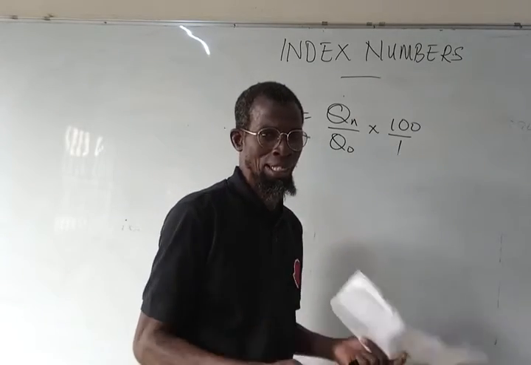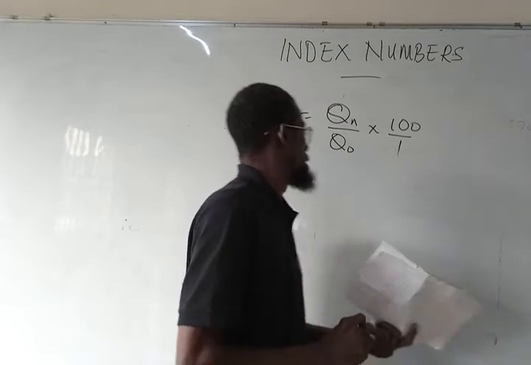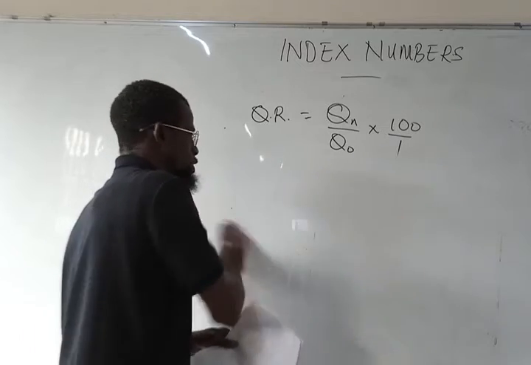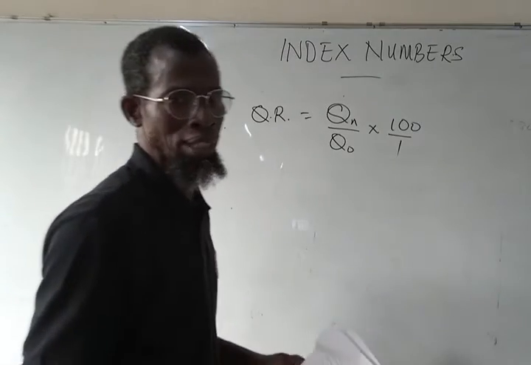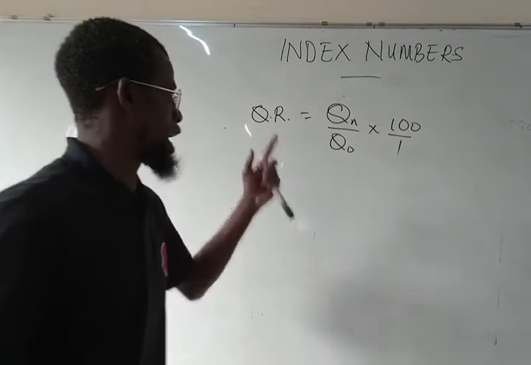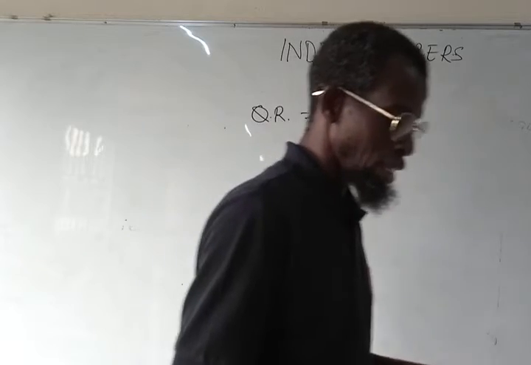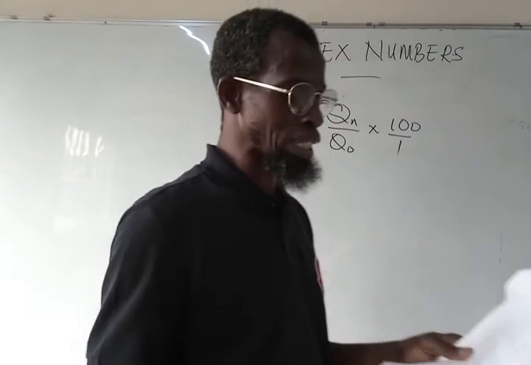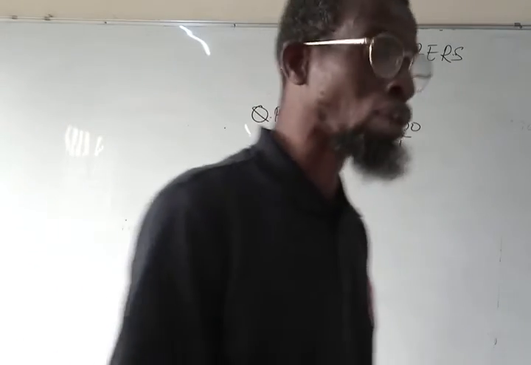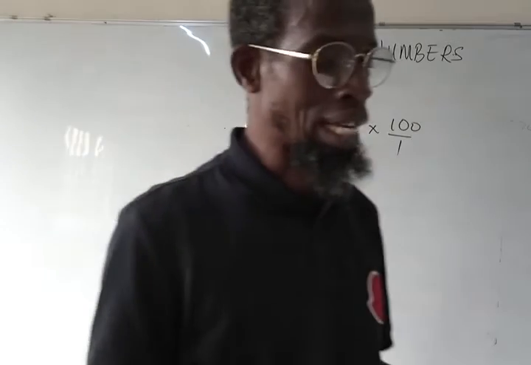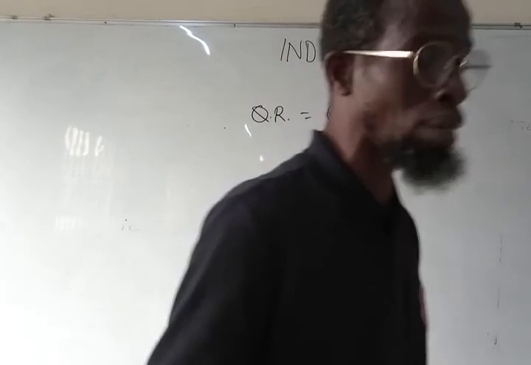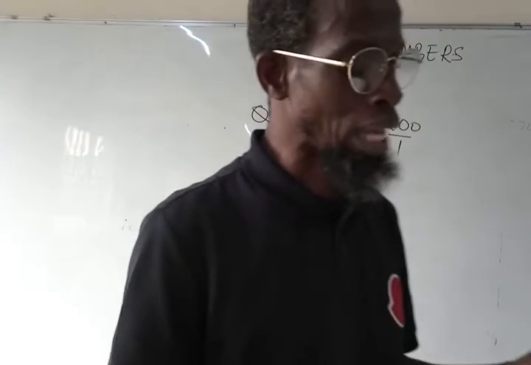You can see it's very similar and the same thing, because instead of our P before, we use Q, and I still maintain the notation because it's relative. We are making it in terms of reference and we have our Q to represent the quantity. Now, this is to say that the quantity relative is the ratio of a given commodity in a given period to the quantity of the same commodity in another period, known as what?